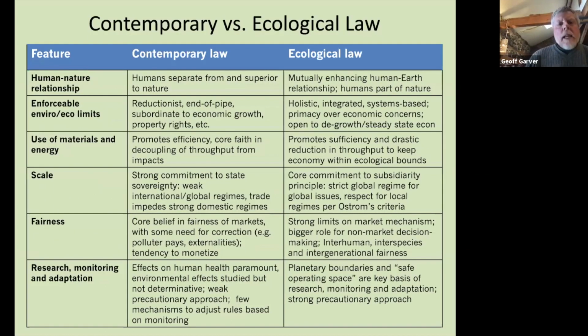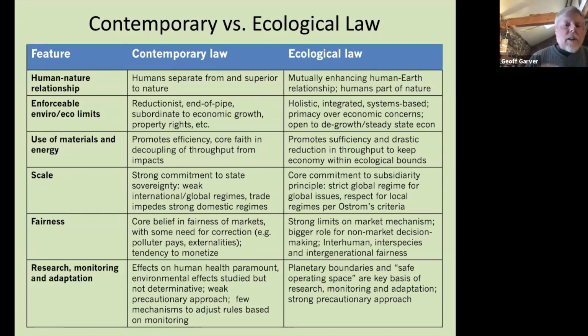Here's a quick summary that I've developed on the difference between ecological law and contemporary law. I used to head that environmental law, but again, I want to emphasize that ecological law really responds to deficiencies in all areas of the law.